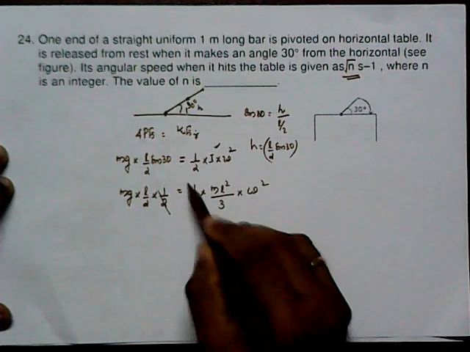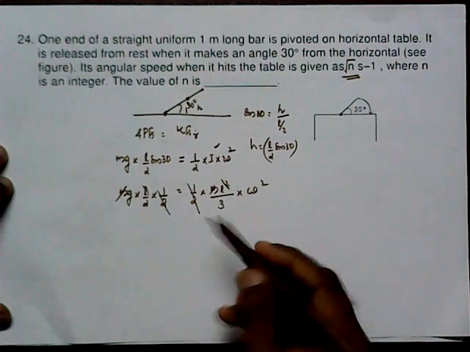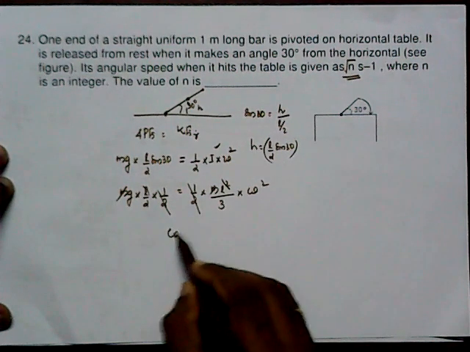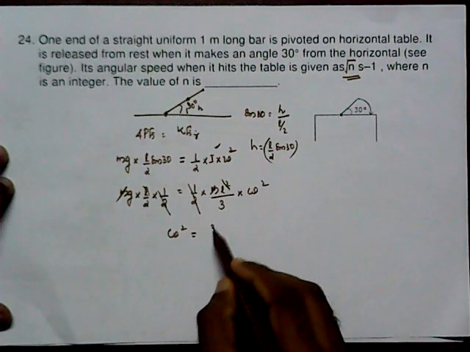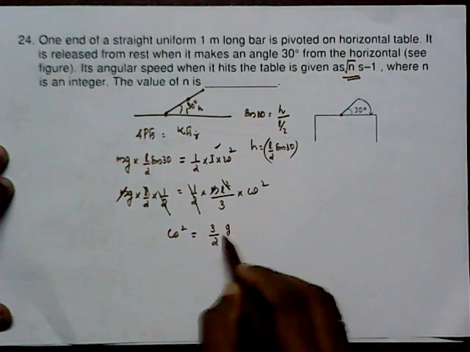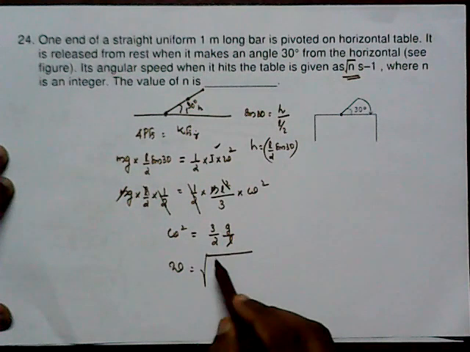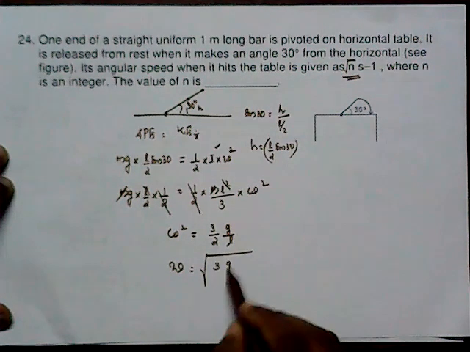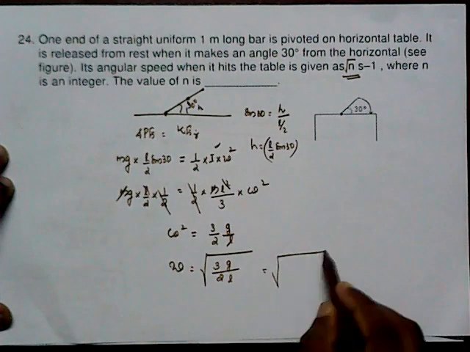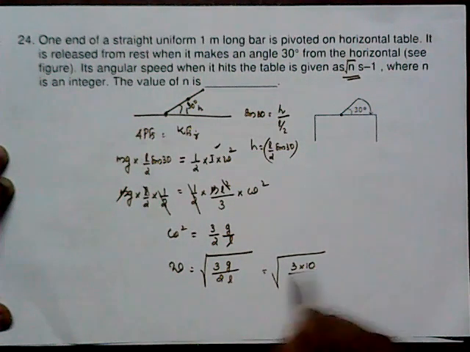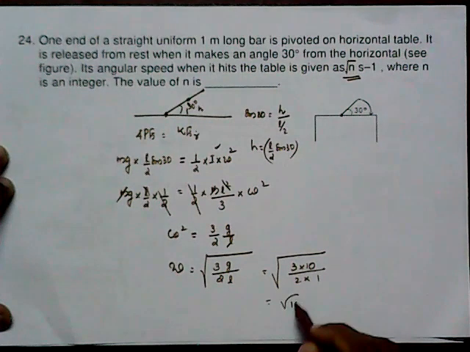There the 1 by 2 cancels, m cancels, L cancels. So you get omega square equal to 3 by 2 into g by L. So omega is the root of 3g by 2L. Substituting 3 into 10 by 2 into the length as 1, 30 by 2, we get root 15.